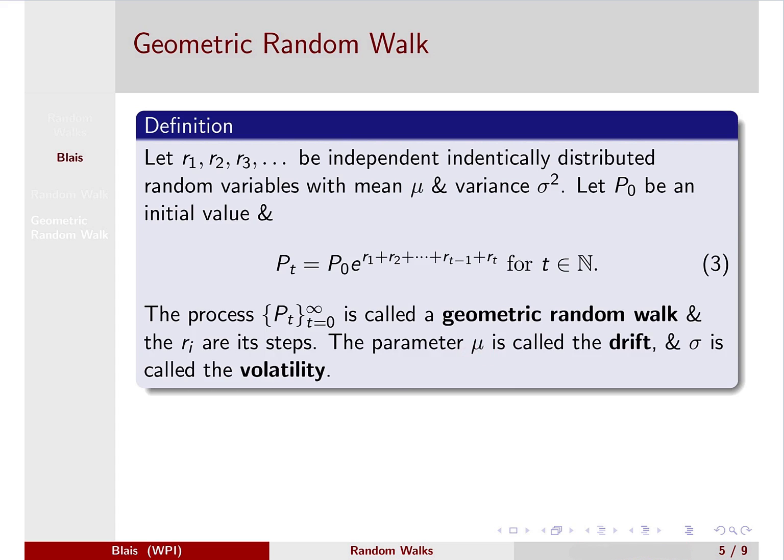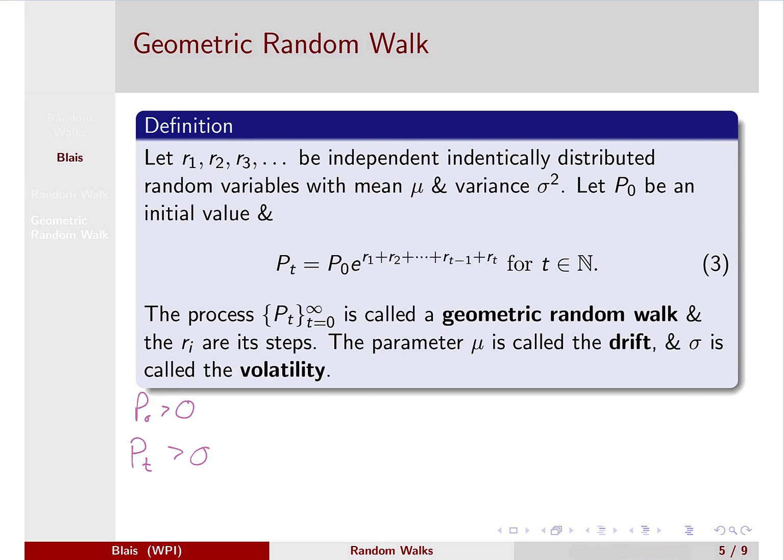Again, mu is called the drift, and sigma is called the volatility. Now, one thing we notice here is that as long as you choose P naught to be positive, P_t will also be positive, because P_t is this P naught, which is positive, times an exponential, which is always positive. And so this makes it already a little more appropriate for something like a stock price model.